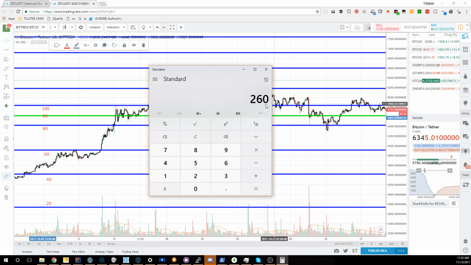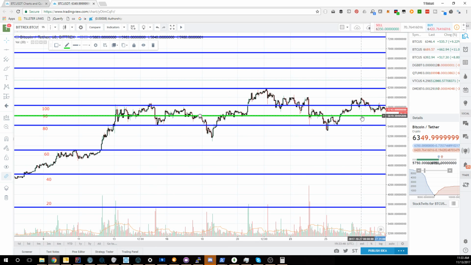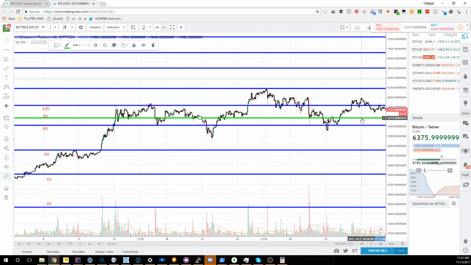We now have spent $260 buying 3 Bitcoins. If we divide that by 3, each Bitcoin is worth 86.666 repeating. So instead of $90, we're now profitable at $86. We're profitable when the market goes above this line.